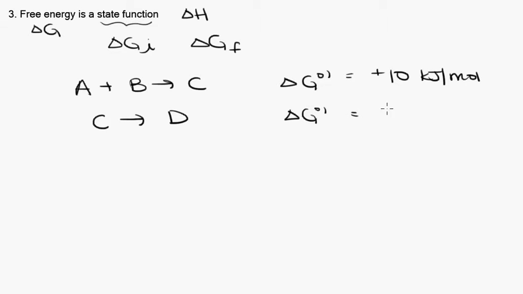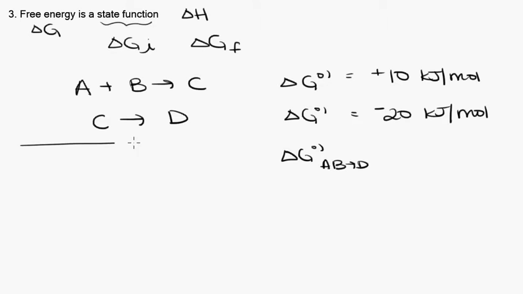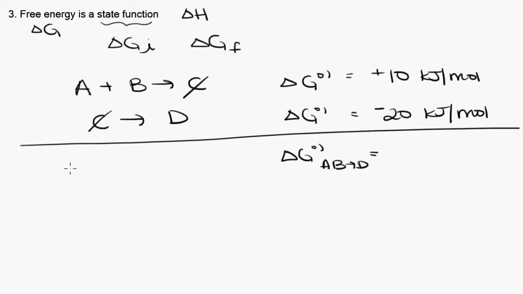And let's say that this is negative 20 kilojoules per mole. So in order to find the delta G naught prime of A plus B going to D, all we have to do is add these up. Okay, so the C's on both sides are going to cancel out, and this will give us A plus B going to D. This is what we want. And then we just add. So this is negative 10 kilojoules per mole.